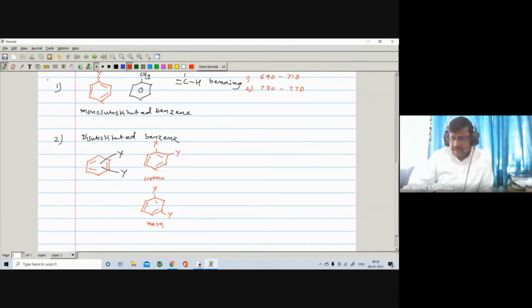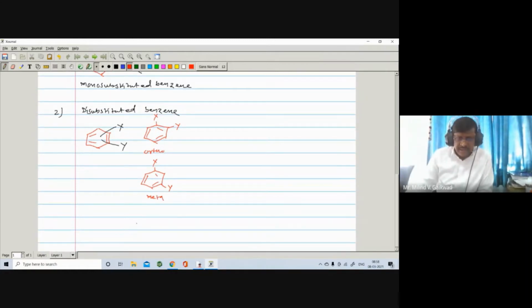And if it is at the para position, with X and Y opposite, it is para. Here I can say that is A, B, and C.